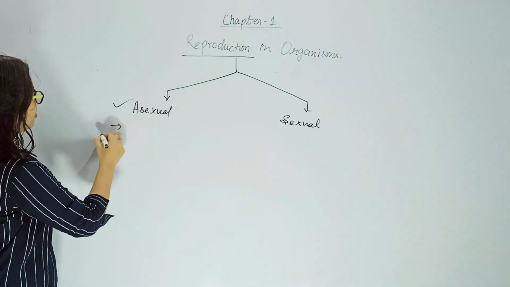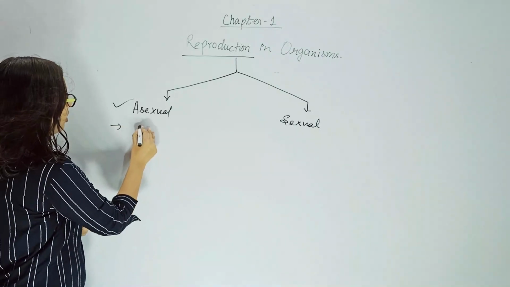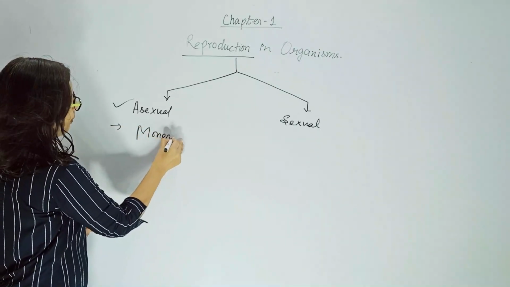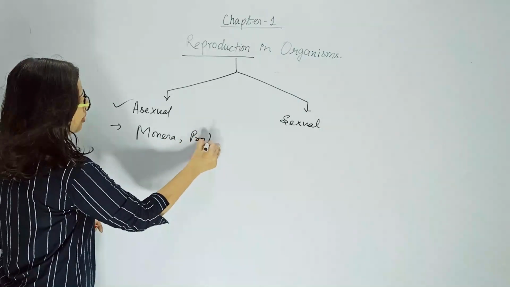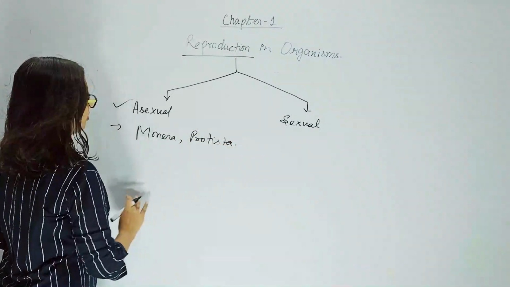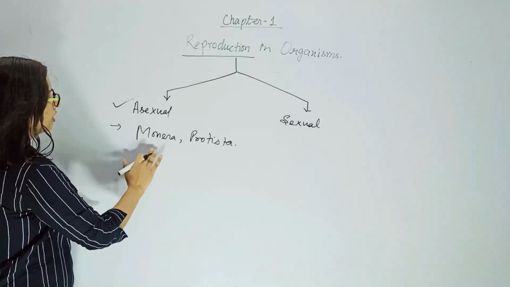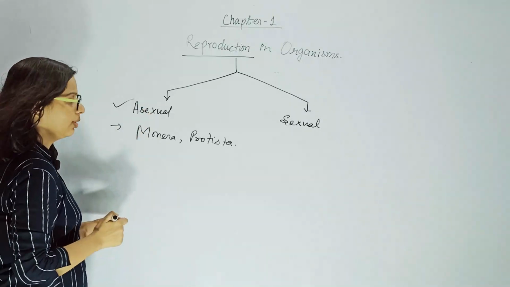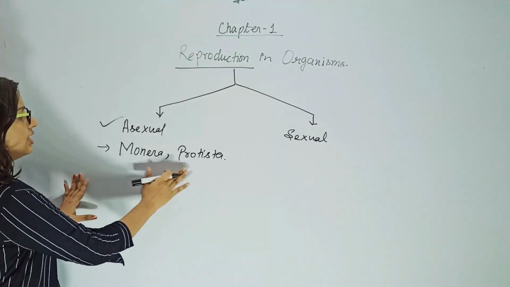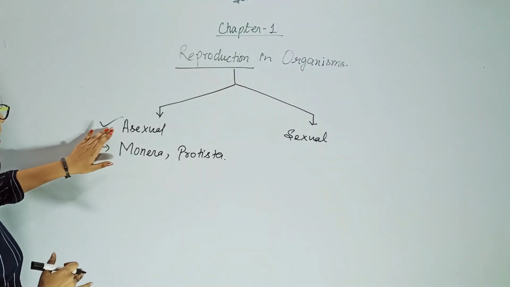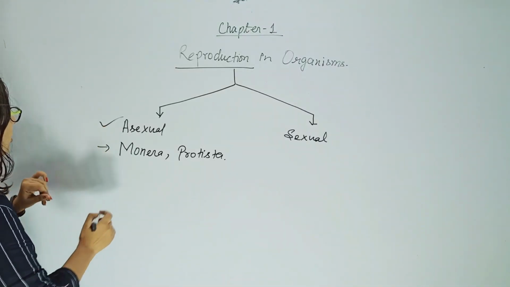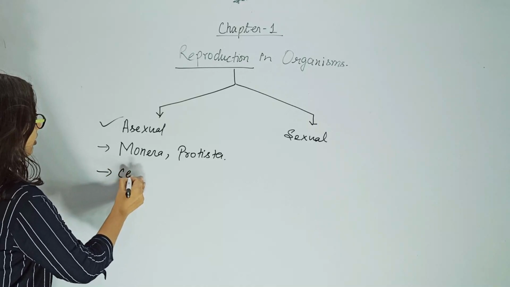For example, they are found in the Monera and Protista. These two phyla have the asexual mode of reproduction. So what happens in these phyla is the asexual reproduction is simply cell division.